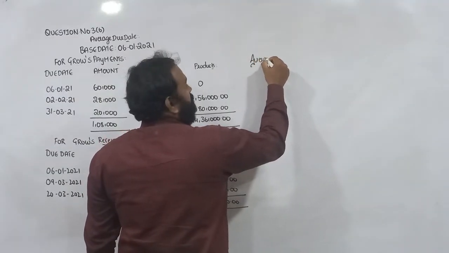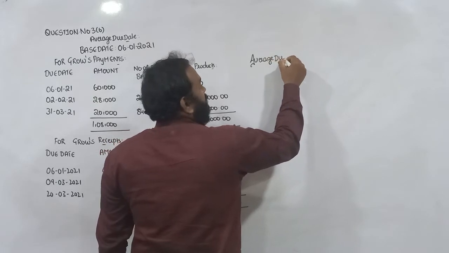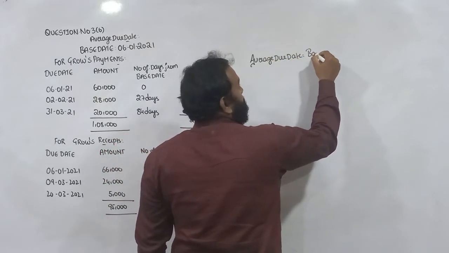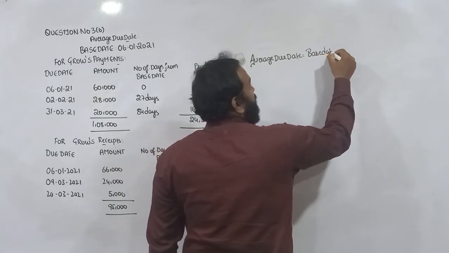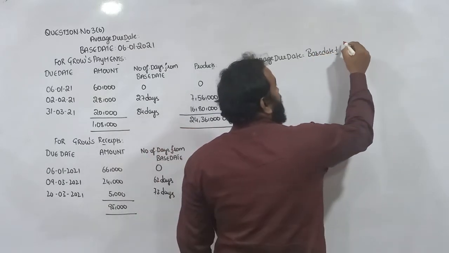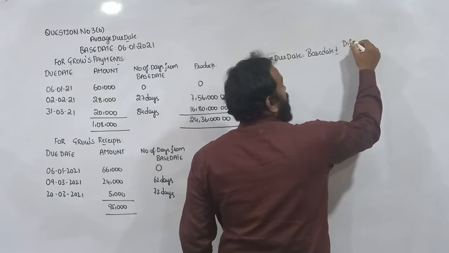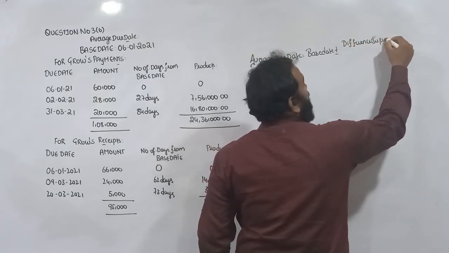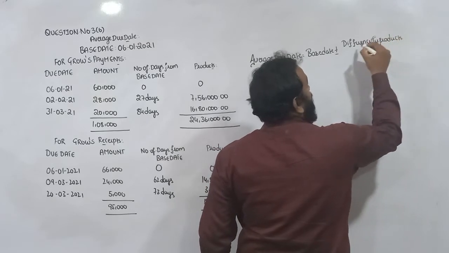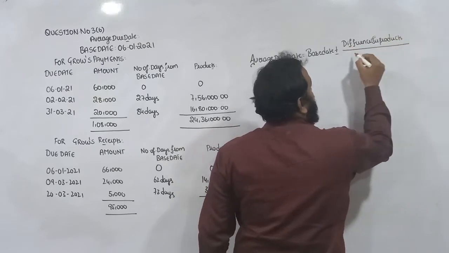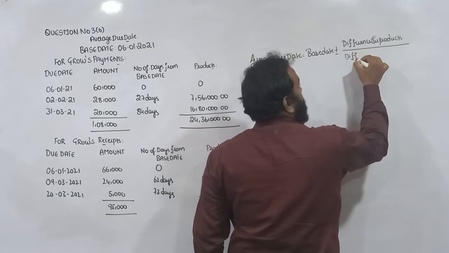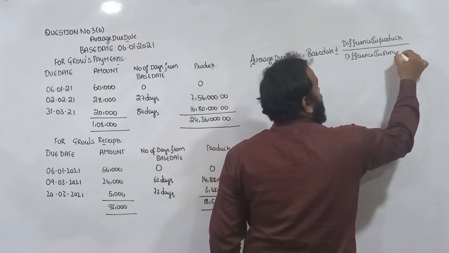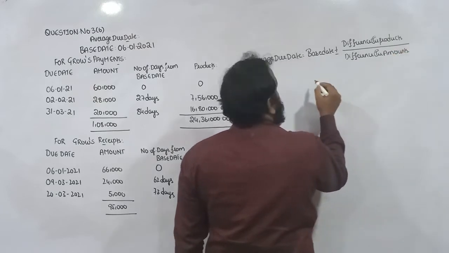What is the formula? Average due date is equal to base date plus or minus difference in products is divided by difference in amounts.